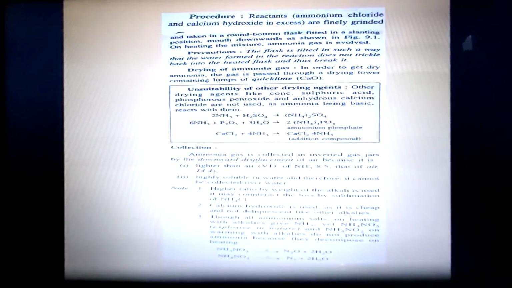So as I told you, you can take any ammonium salt for the lab preparation, but two salts you should not take, that is ammonium nitrate and ammonium nitrite. There is one more ammonium salt which should not be taken, though it's not mentioned in your book. That is ammonium dichromate. That also does not give you ammonia gas, but on heating it produces nitrogen gas.